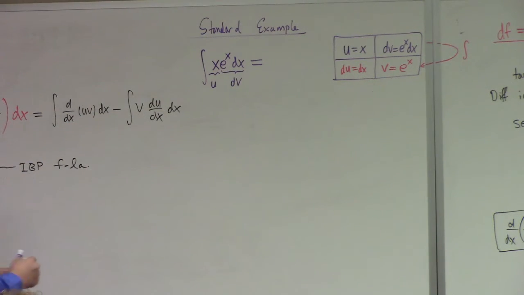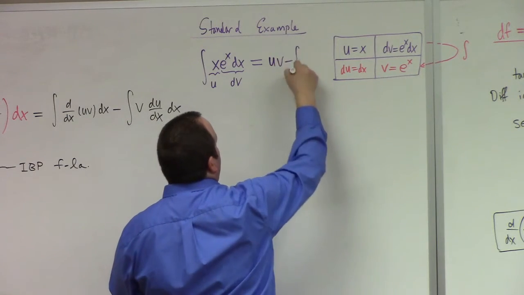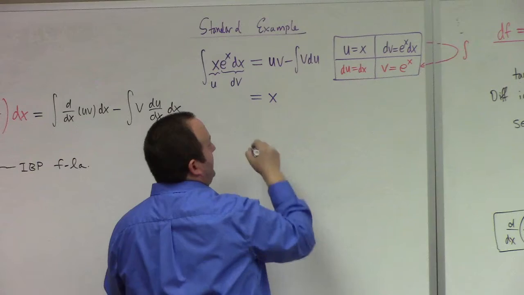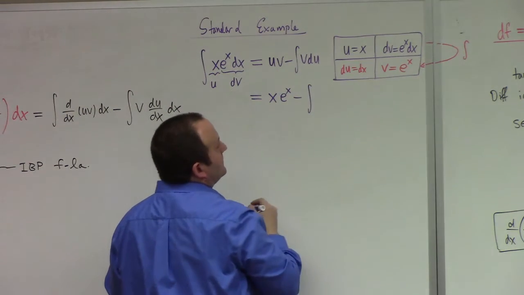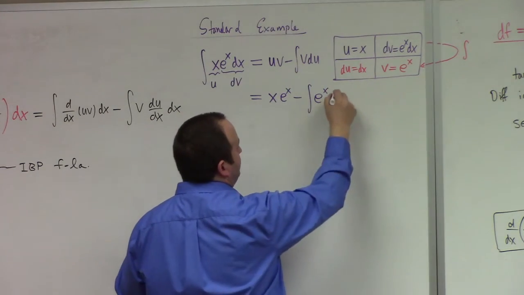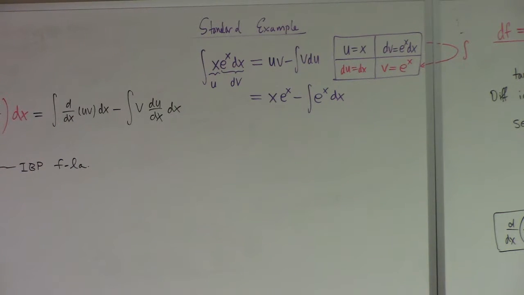All right, so the integration by parts formula says uv minus the integral of v du. What is u? U is x. What is v? E to the x. And then I have minus the integral of e to the x dx. There you go. Hey, that's nice.